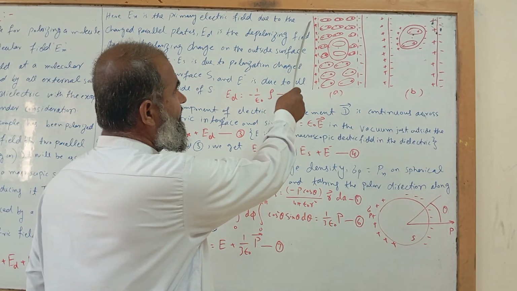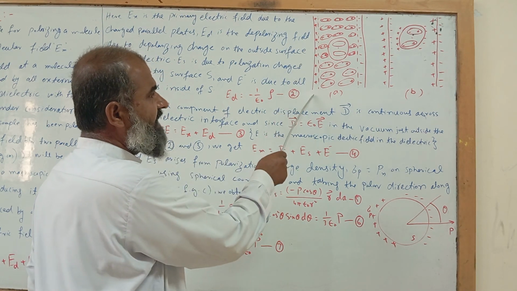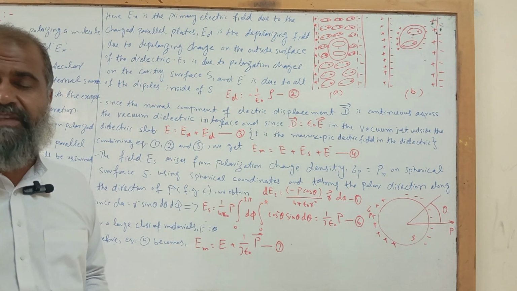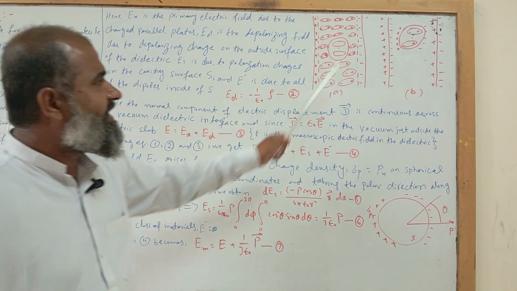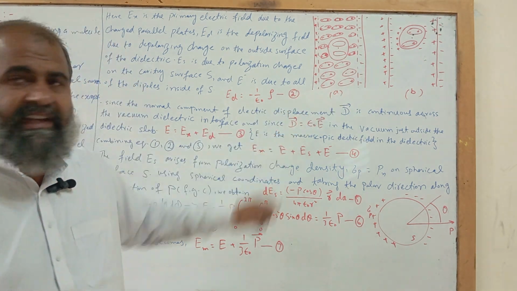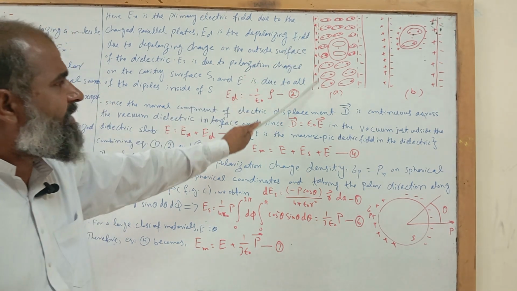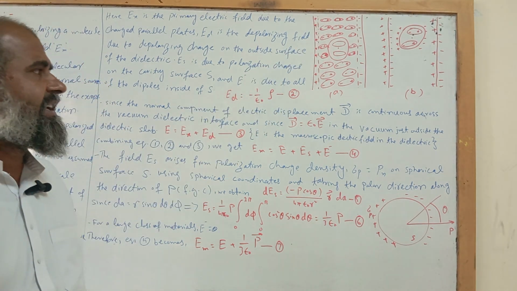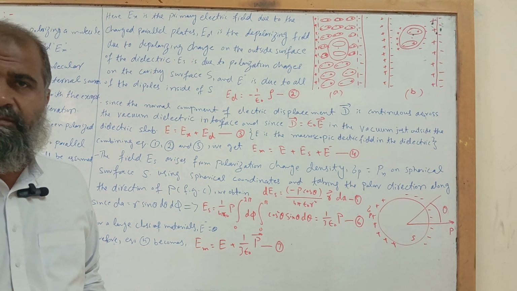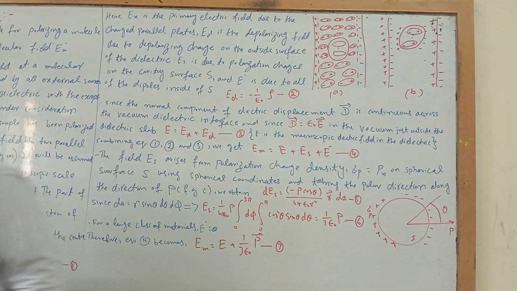One metal plate is positively charged, connected with the positive terminal of the battery, and this plate is connected with the negative terminal of the battery, and this is the dielectric medium placed inside the metal plates.